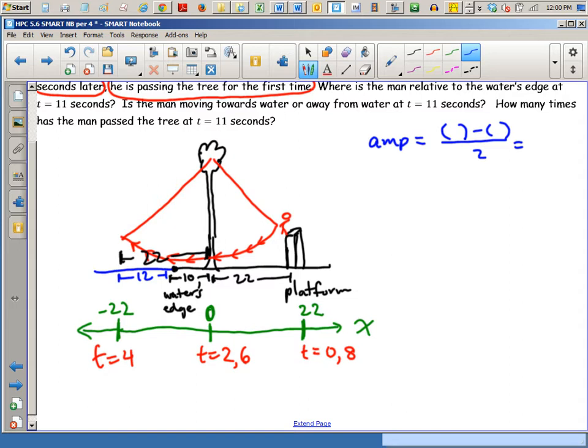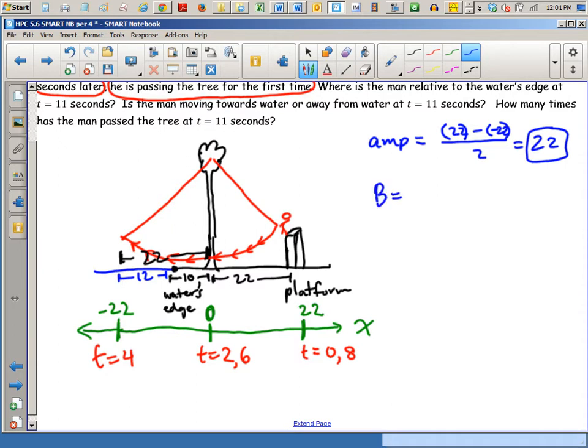Our output is position on the x-axis. So you have to be a little bit less literal with that y of t. So this is talking about the largest green number minus the smallest green number. So what are those? 22 minus negative 22. So in other words, the amplitude is 22. Well, yeah, that makes sense. He swings 22 feet on either side of the tree.